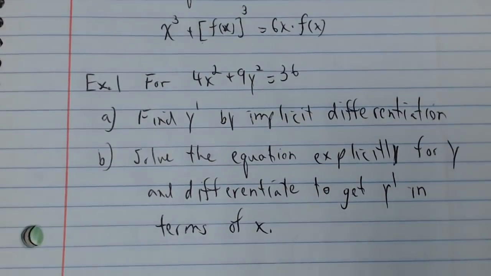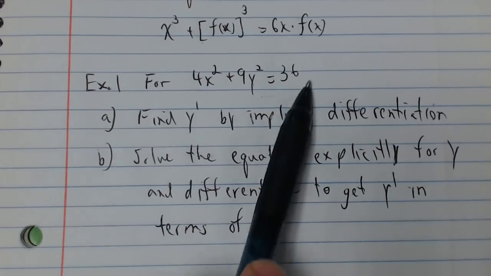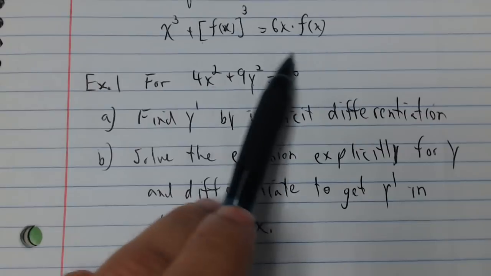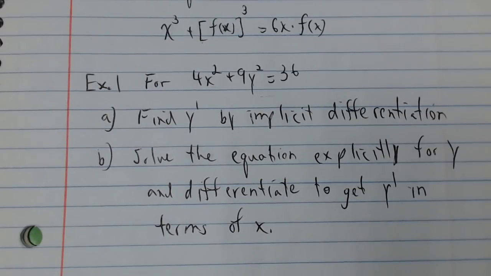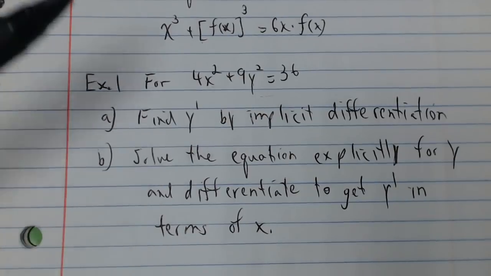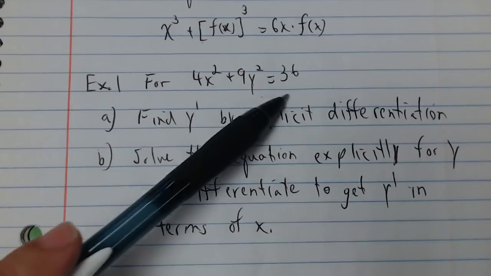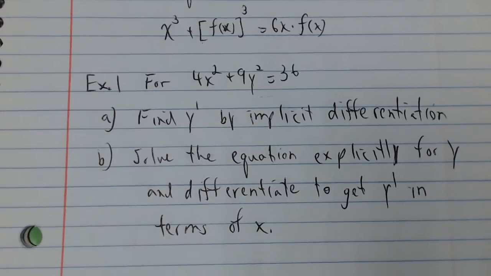For this one, before you find the derivative, solve for y, then find its derivative. Notice we can solve for y in this equation, but you won't always be able to explicitly solve for y. The reason we've done this is I want to show you that for a and b, no matter which approach you take, after all, you're finding the derivative of the same thing, so it should be the same. And we'll show that it is the same thing.